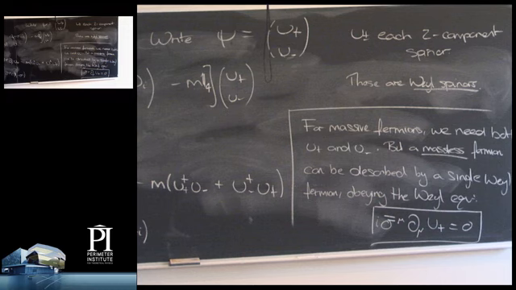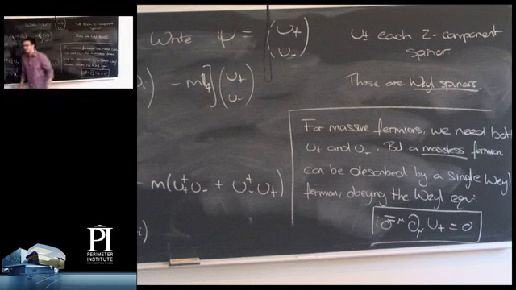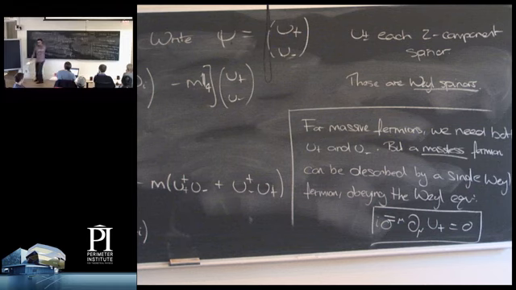Does anybody know of any others? The neutrinos are massless. They're not, no. Does anybody know of any others? No? Okay. Every particle in the standard model is described by Weyl spinors of this type instead of Dirac spinors. And as you pointed out, the neutrinos aren't massless, and neither is anything else.